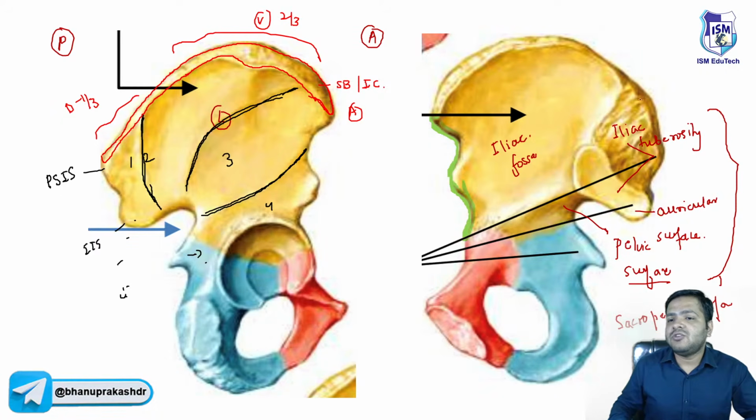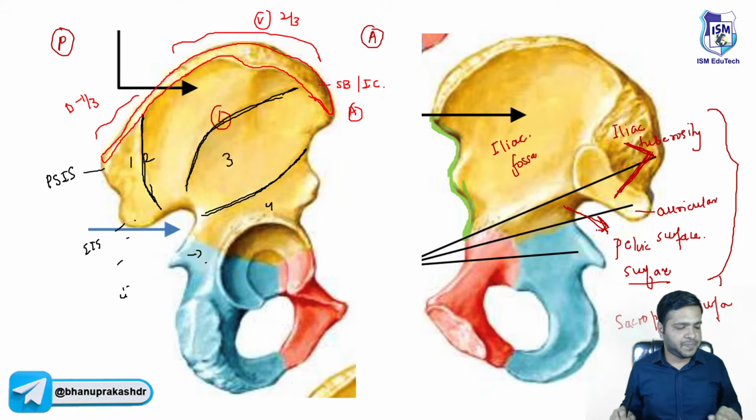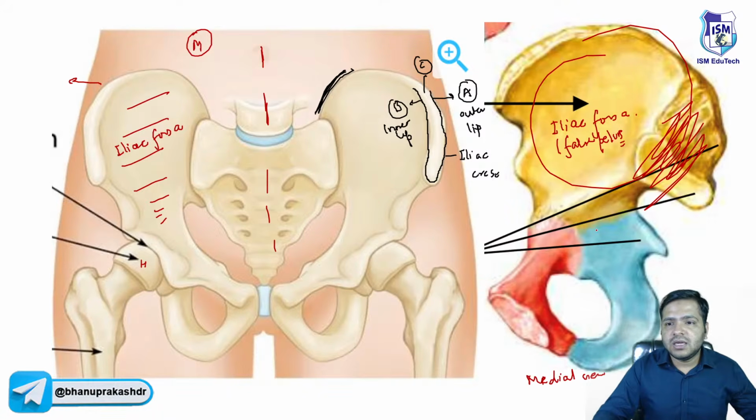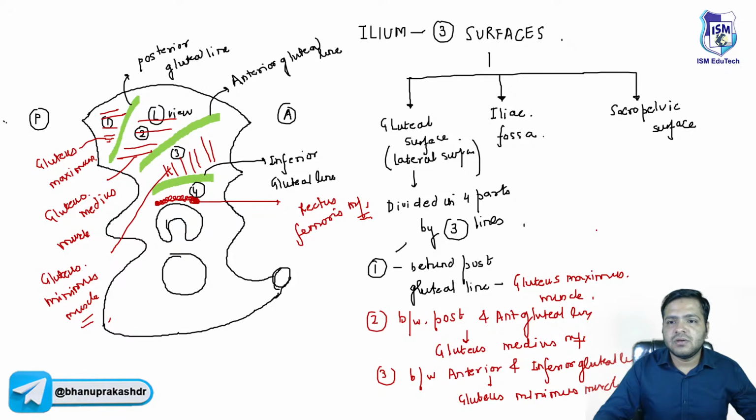We have the iliac tuberosity, okay, we have the auricular surface and we have the pelvic surface. So remember beta iliac fossa, basically over here there is a presence of a muscle that is called as the iliacus muscle, that is something which you have to know.